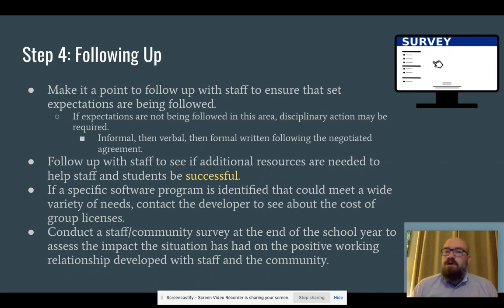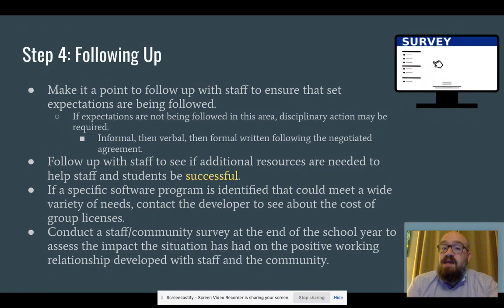And just going off of what I know from a negotiated agreement, I would prefer to start with an informal conversation and then a verbal disciplinary action and then a formal written. We want to follow up with staff not only in terms of negative, but also to make sure that additional resources could be provided if needed, because we want to help staff and students be successful.